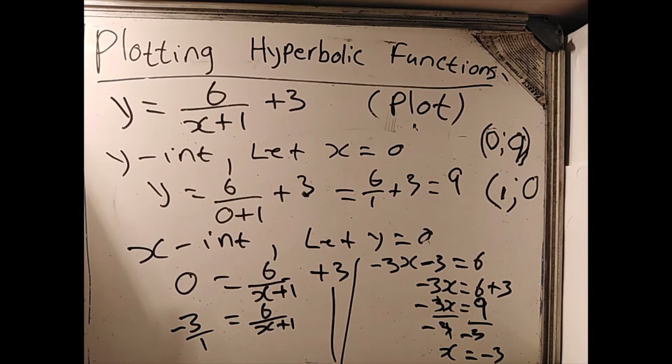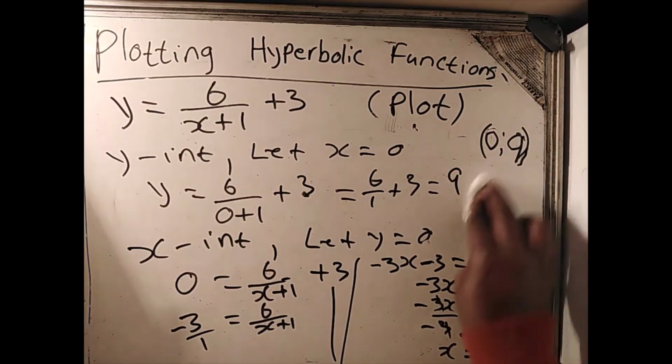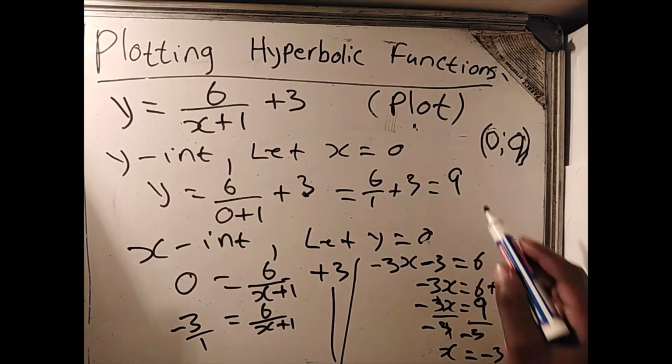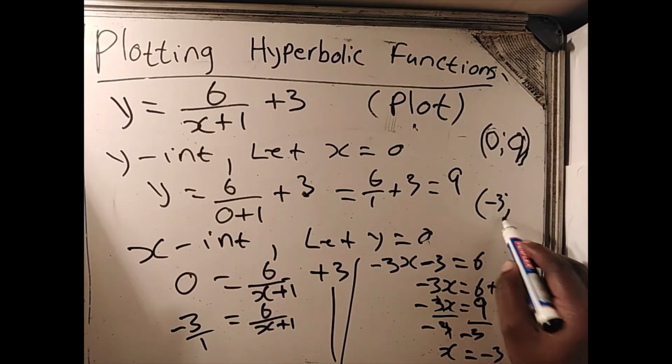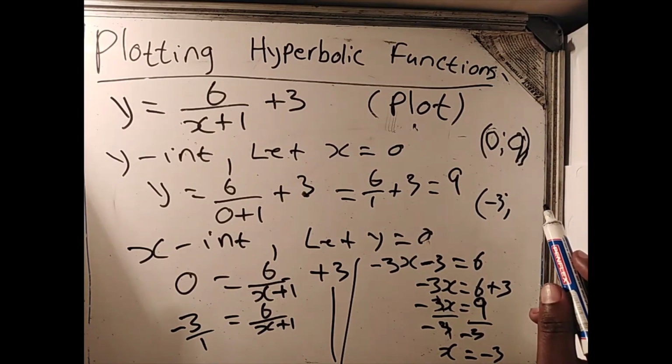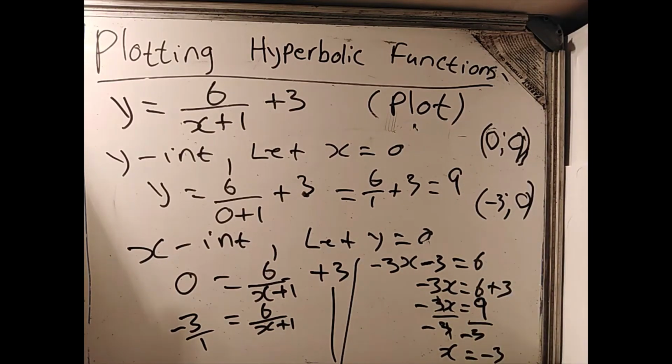So our x is equal to minus 3. So we have an x-intercept here. Our x-intercept is x is minus 3, and what about our y? Our y is 0. So we've got the x-intercept and the y-intercept.